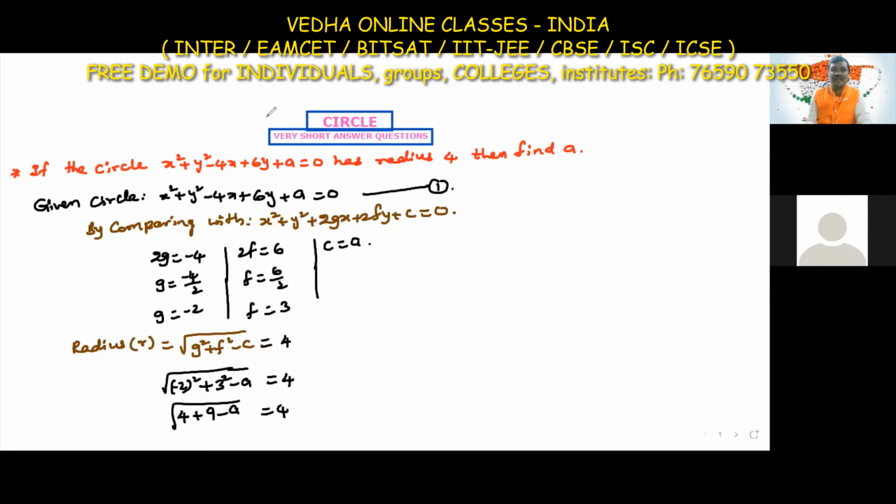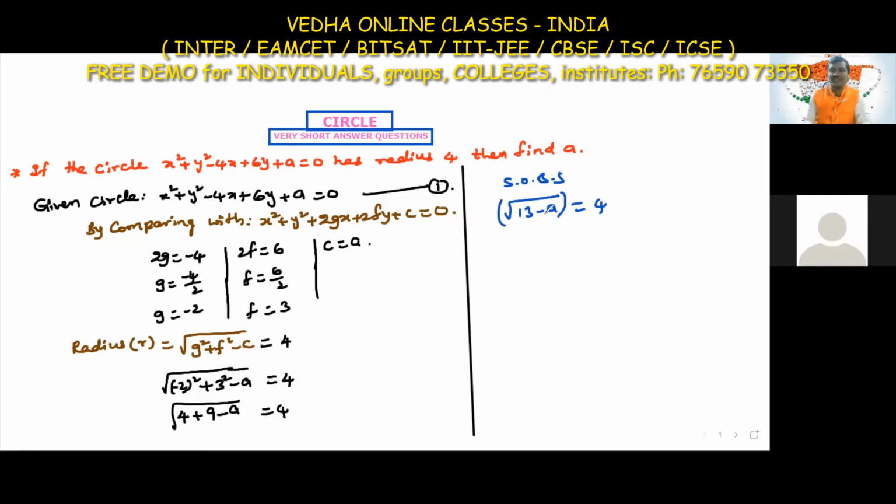Now I am going to square on both sides. Then under root of 9 plus 4 is 13, so 13 minus a is equal to 4.